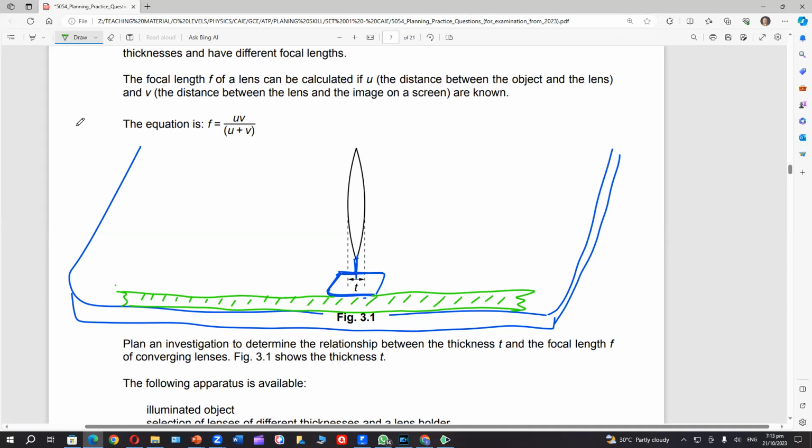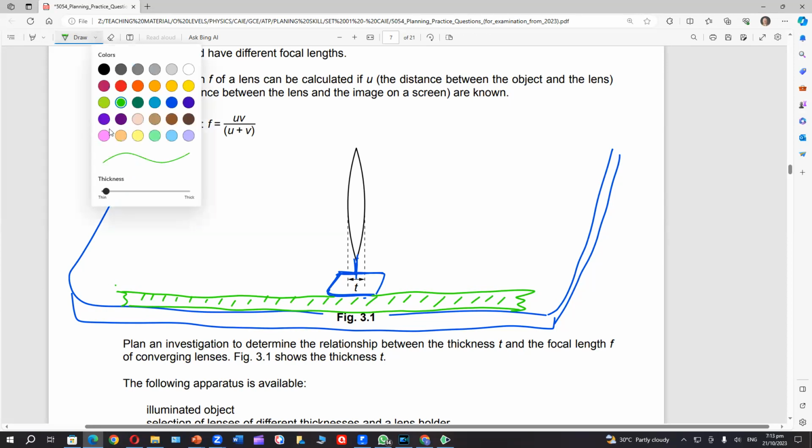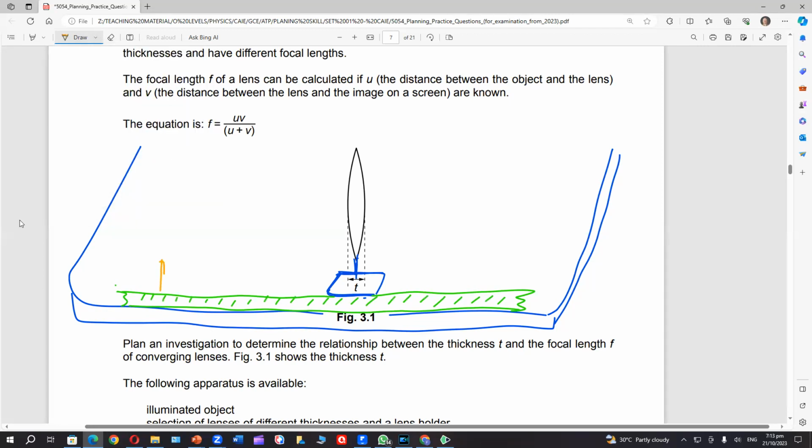This is the meter rule. And now here you can put the illuminated object, maybe it's a lamp or something like that.